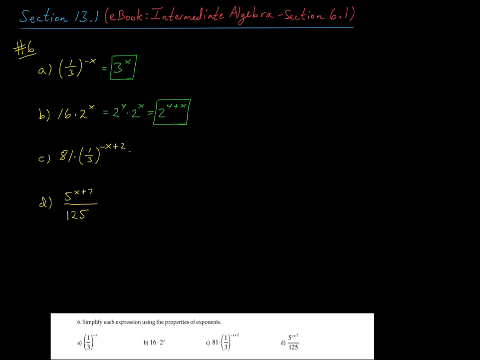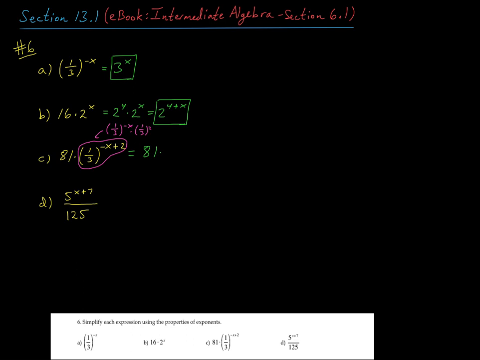How about 81 times 1/3 to the negative x plus 2 power? A little messier here, but one way I could start this is to break this thing up, the 1/3 to the minus x plus 2. So I could split it up as 1/3 to the negative x times 1/3 squared.